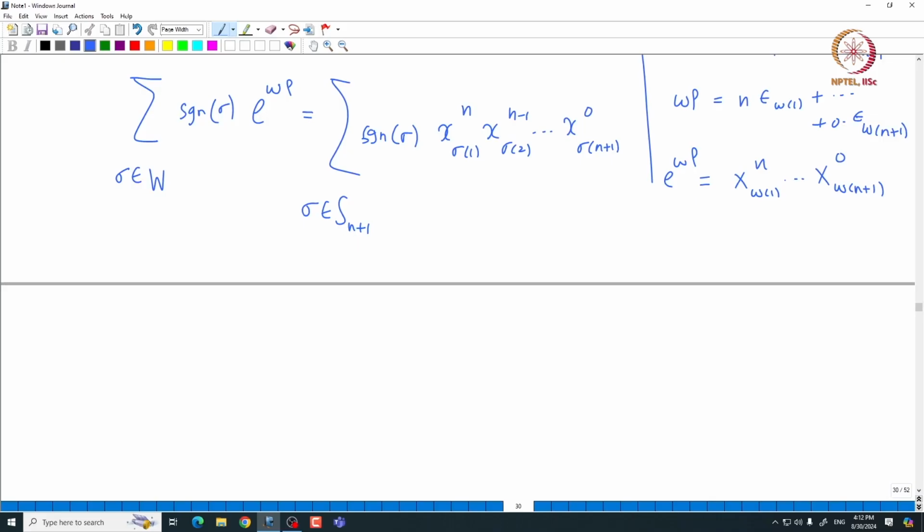Now, if you use the determinant formula, because everything is given in terms of this alternating sum, you can see that this is exactly equal to the determinant of x i power n minus j, where i and j run over 1 to n plus 1.